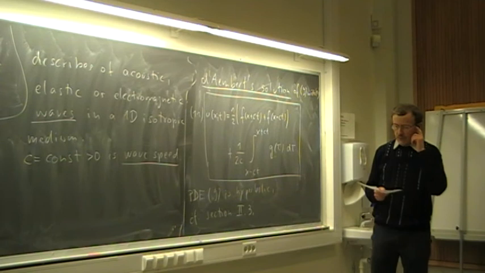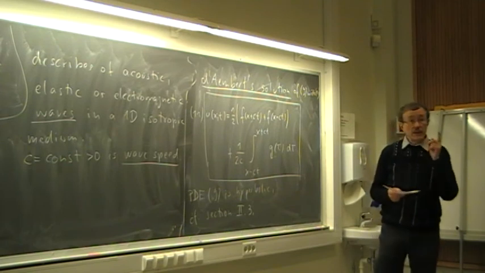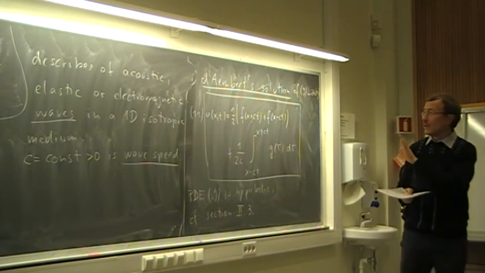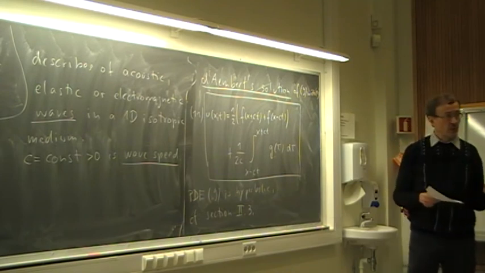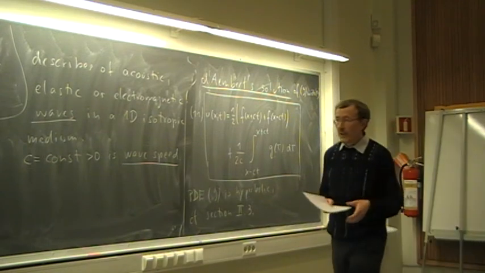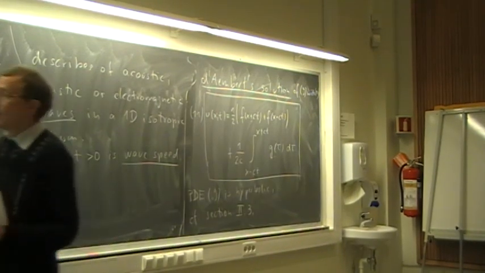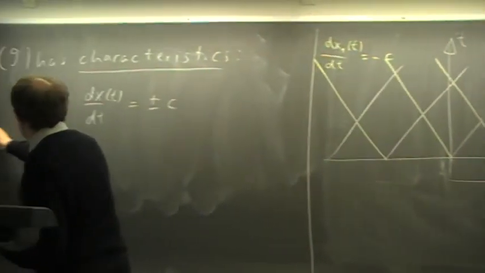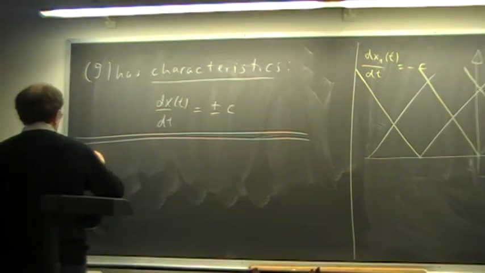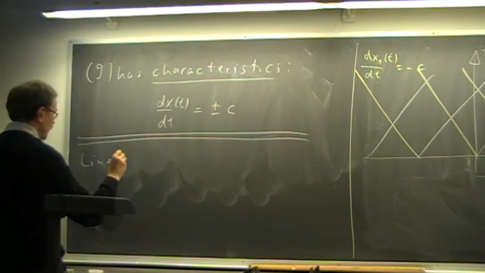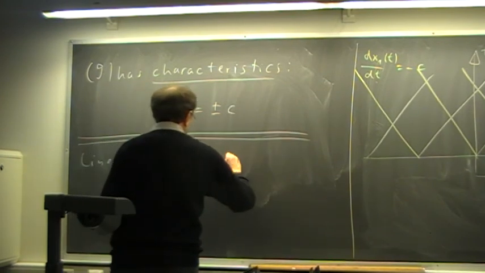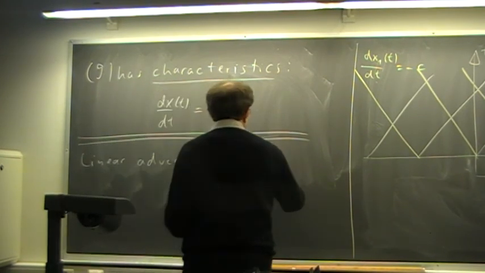The thing that I forgot to say was that the linear advection equation that we had in the beginning does not fit into the pattern of the second order equation. It is a first order equation. But the advection equation is also hyperbolic.